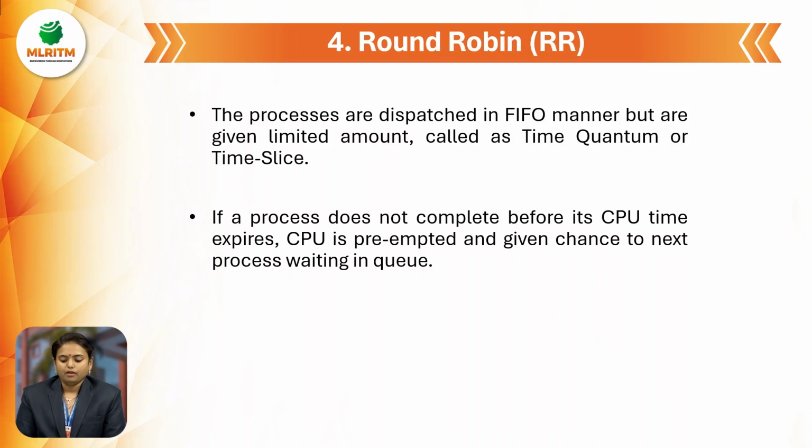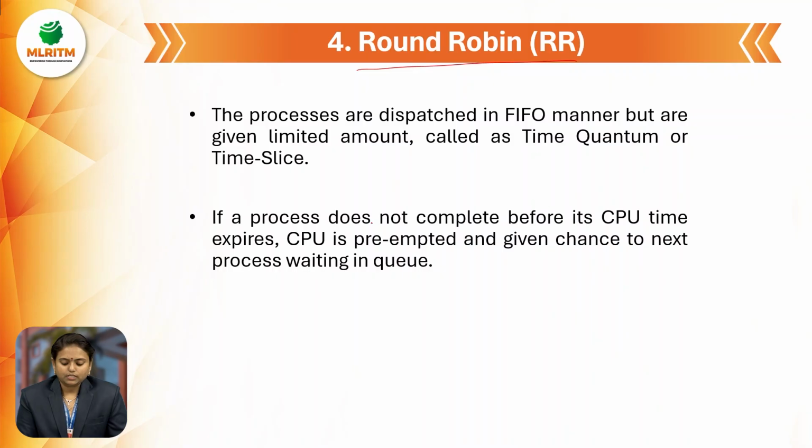Within that slice, the process should execute. Otherwise, if it is not executed, it will come again. Round robin means after executing all the processes, it will come back to the first process again if it is not completed.